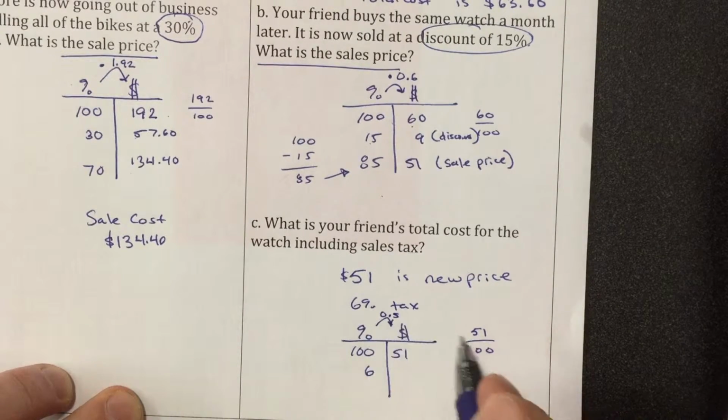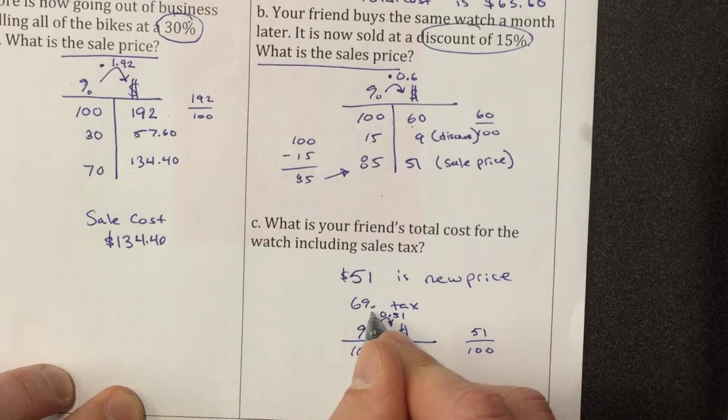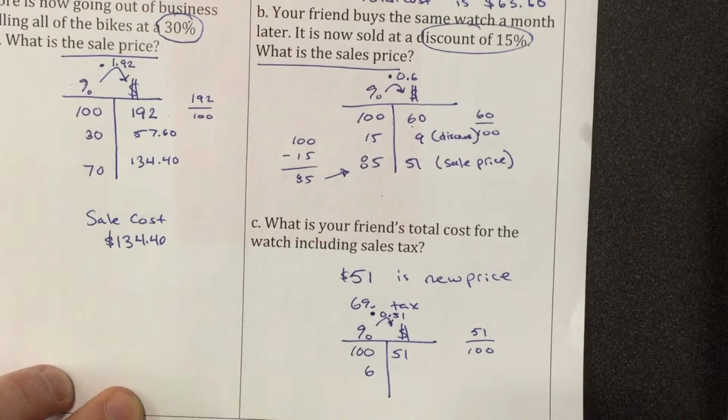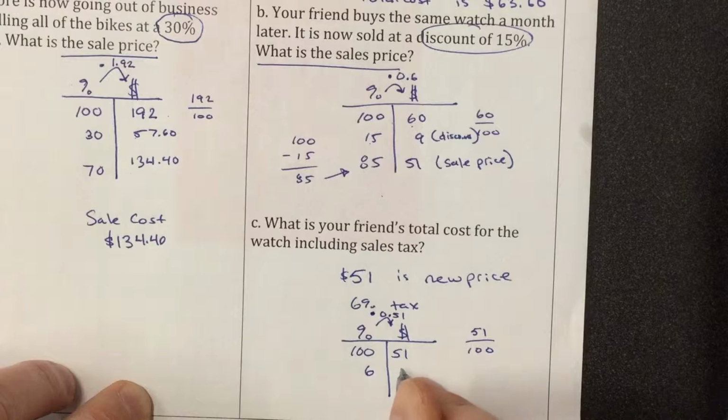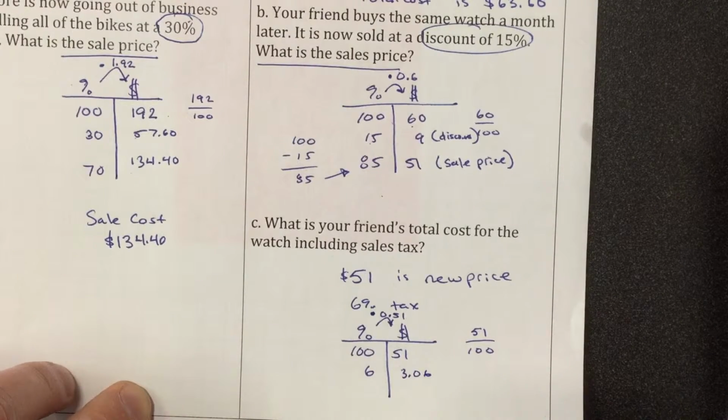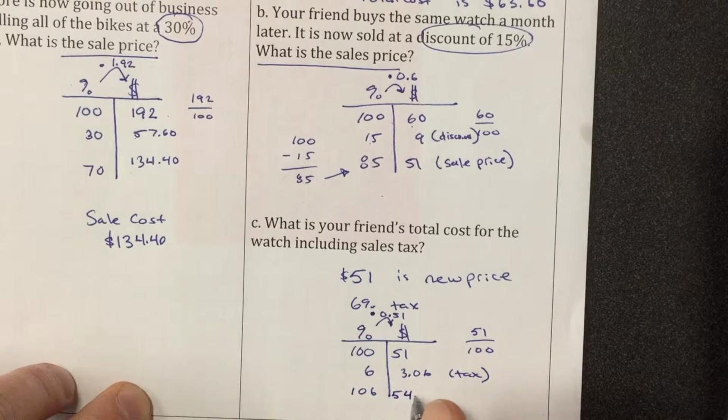It's equal to 0.51, so that's what we're multiplying with. And now multiply 6 by that number. So 3.06. That's how much they're going to charge extra. So your total, which is 106%, should be $54.06.